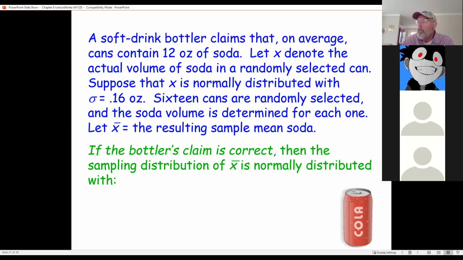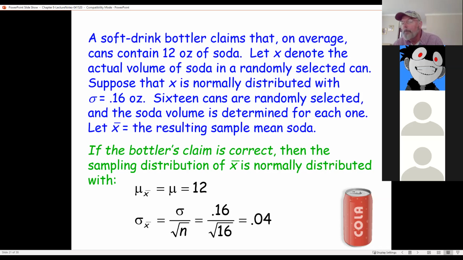If the claim is correct, then the sampling distribution of X bar is normally distributed with mu being 12, and the standard deviation of the sample means will be 0.04.